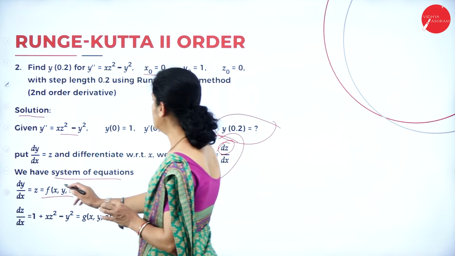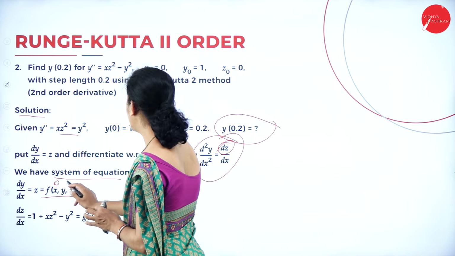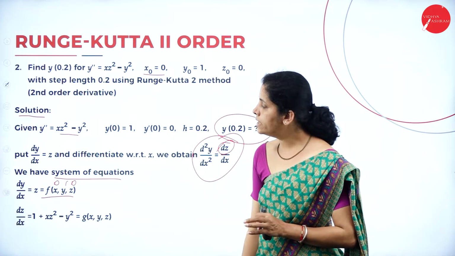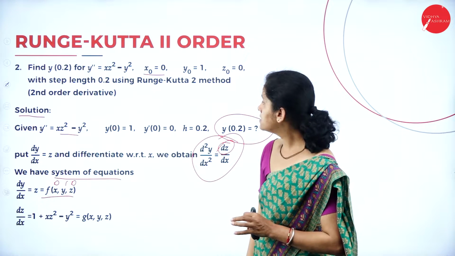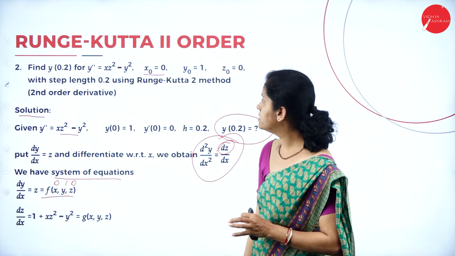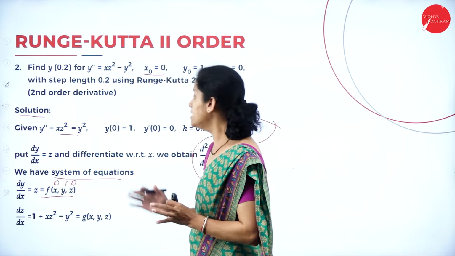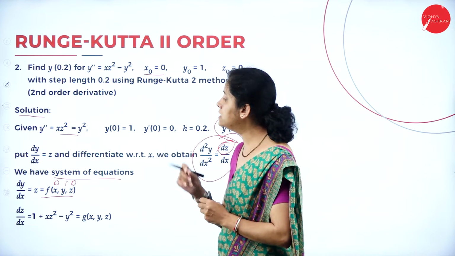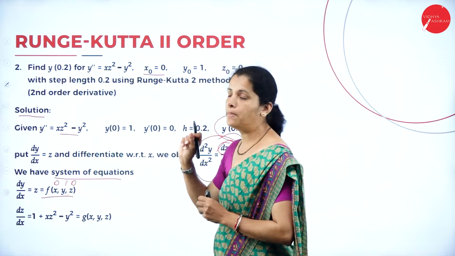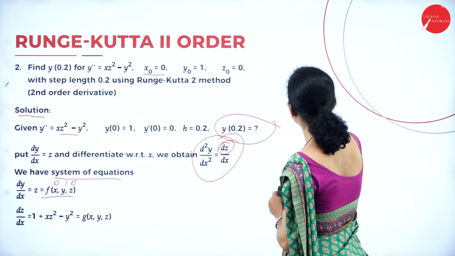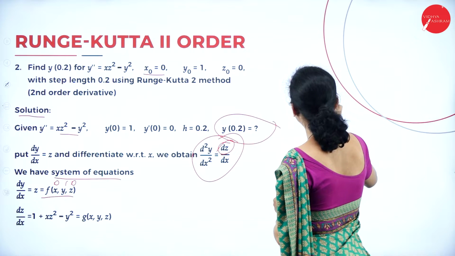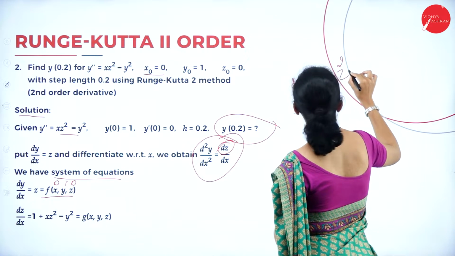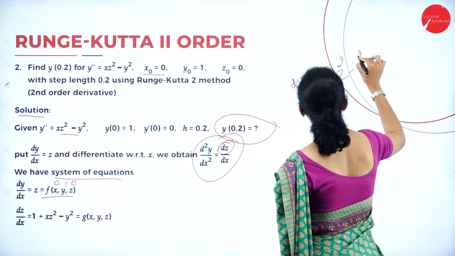So what is x? 0. What is y? 1 and z is 0. And what about dz by dx? That is nothing but the equation. So dear student, now I want to find the second derivative, that is dz divided by dx, which is nothing but x z square minus y square.